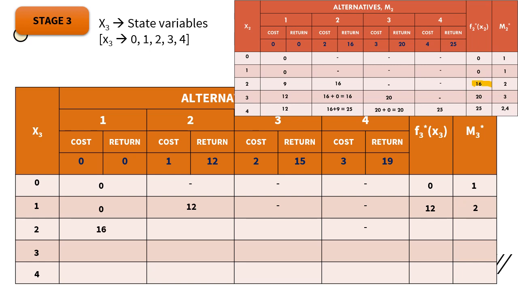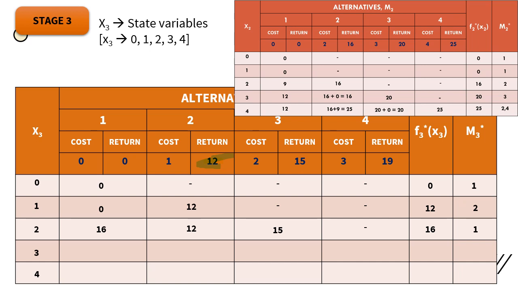So there will be 16 here. If I spend 1 crore in this, I will get 12 as a return, and if I spend 1 crore in previous, that will be 0. So 12 will be the maximum. If I spend all the 2 crores here, I will get 15. So the best is 16 here, which comes under alternative 1.